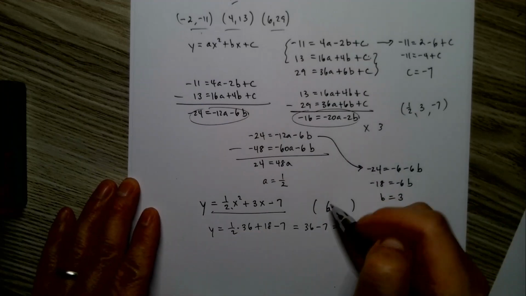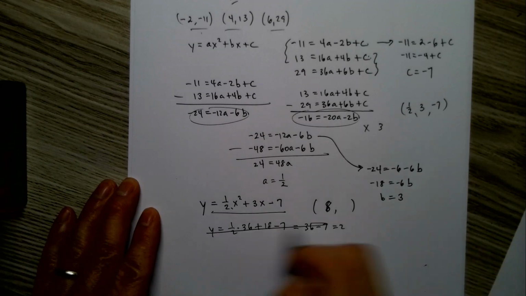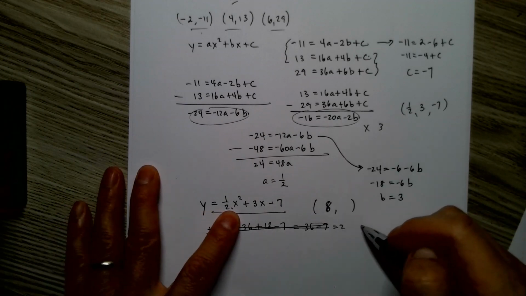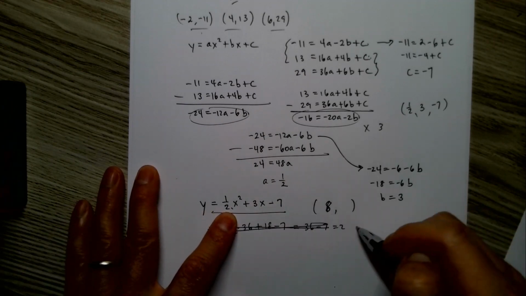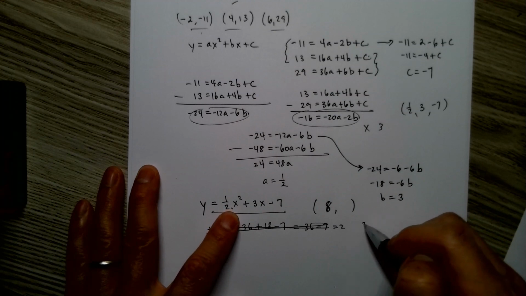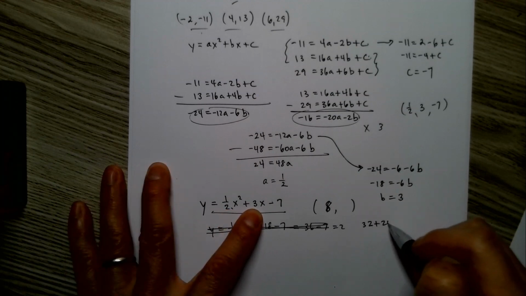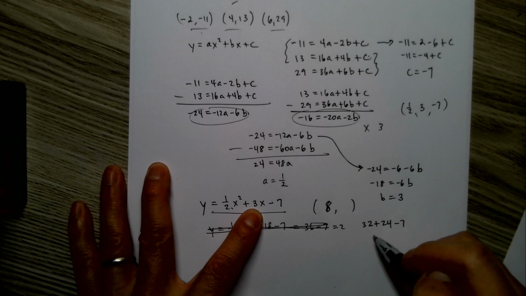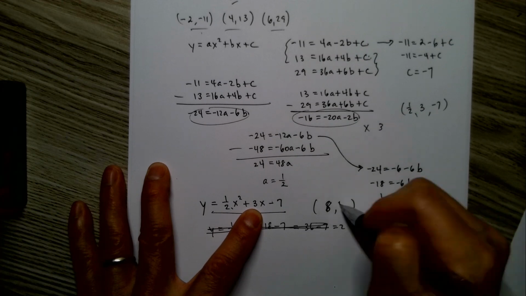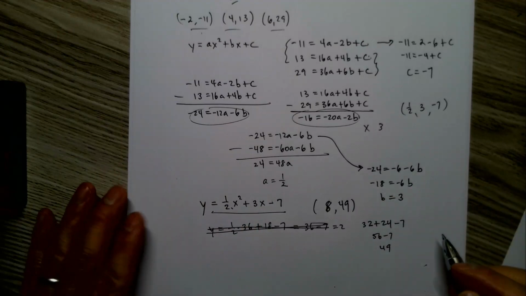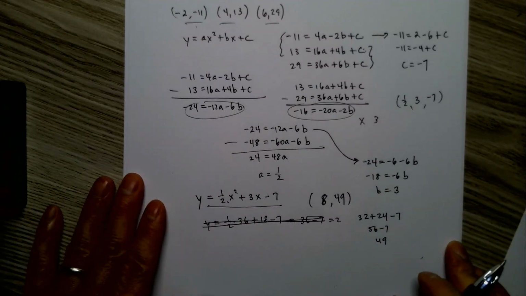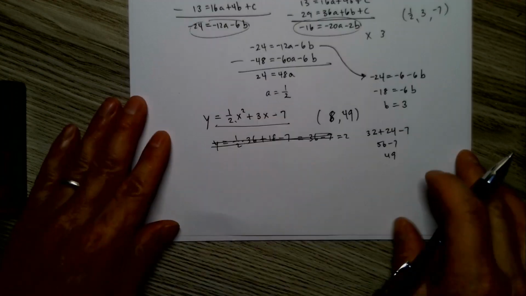Sorry. Let's go with 8. Okay, if I put 8 in here, I get 32 plus 24 minus 7, and that's 56 minus 7, that's 49. So (8, 49) is another point on this parabola, and it kind of makes sense.